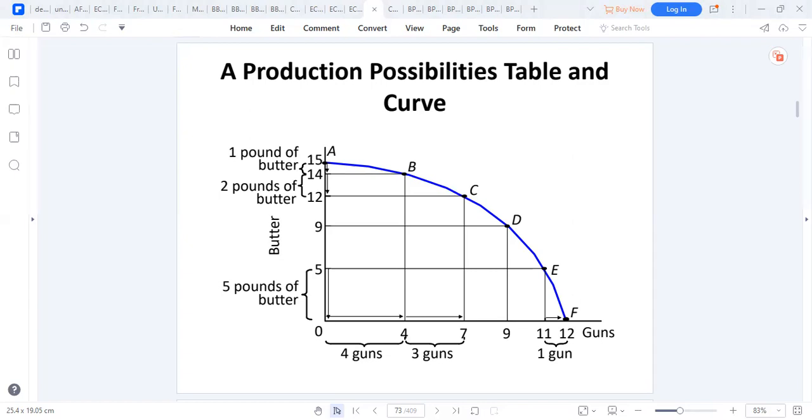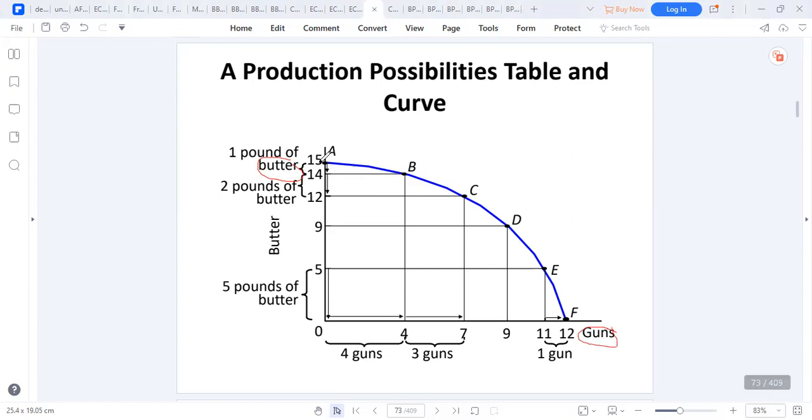Now, this PPF also represents a trade-off. A trade-off represents an opportunity cost, given the scarce resources, of producing more of one good and service while sacrificing another. In this case, we are looking at two products, butter and guns.